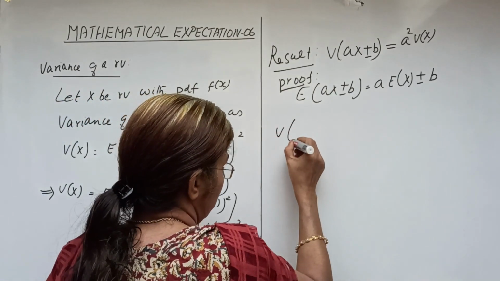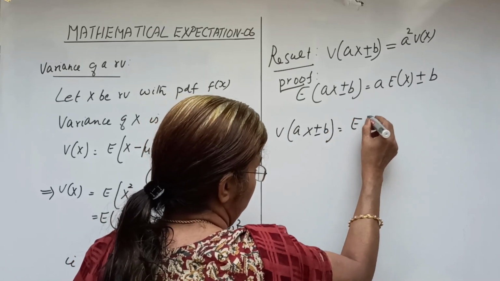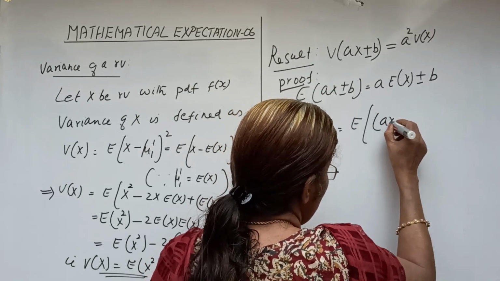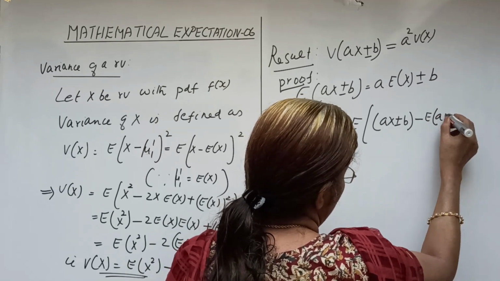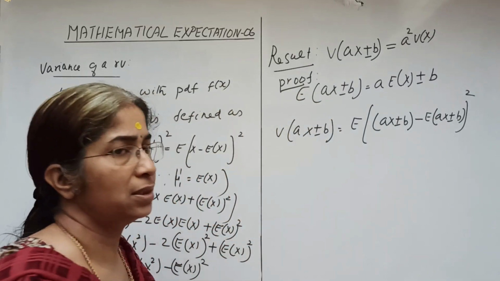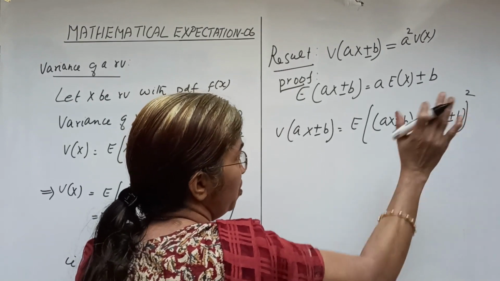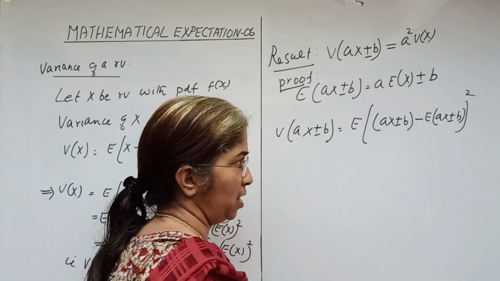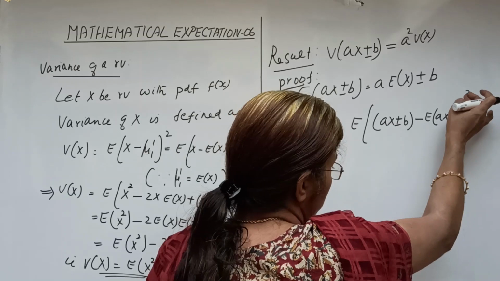Now variance of aX plus or minus b, using the definition, can be written as expectation of (aX plus or minus b minus expectation of aX plus or minus b) whole square.